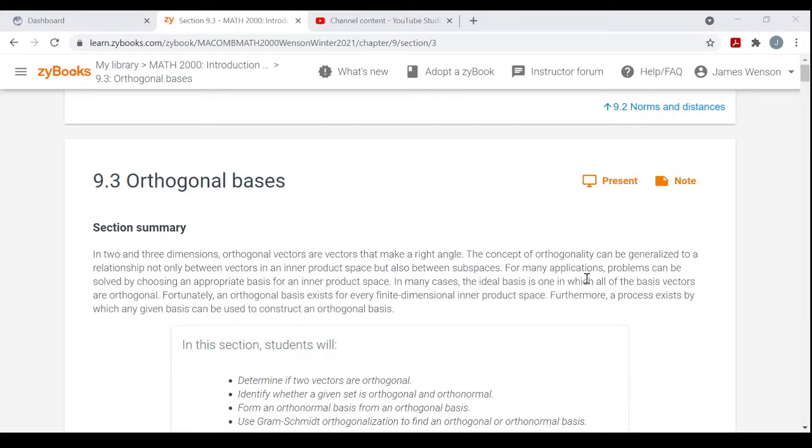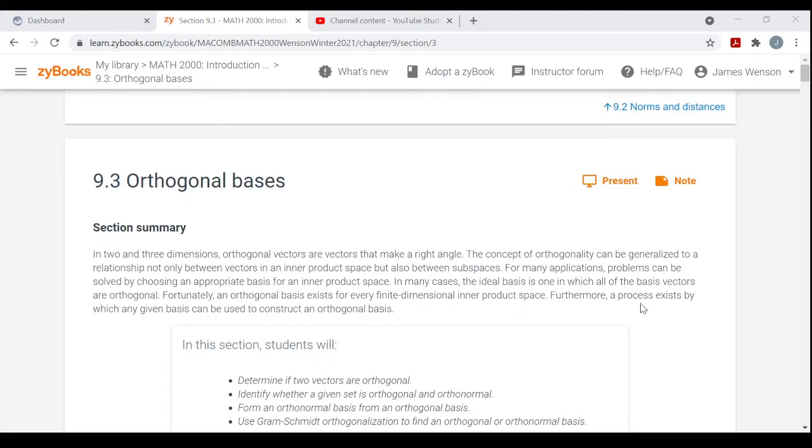For many applications, problems can be solved by choosing an appropriate basis for an inner product space. In many cases, the ideal basis is one in which all of the basis vectors are orthogonal. Fortunately, an orthogonal basis exists for every finite dimensional inner product space.